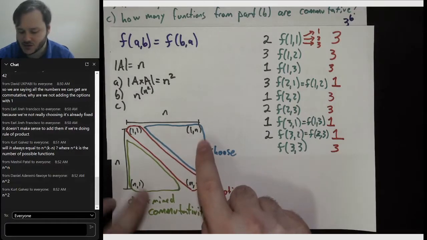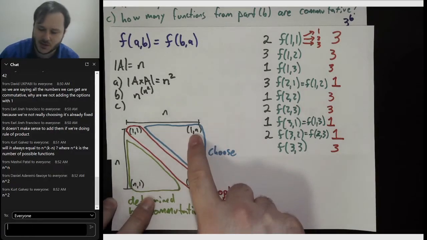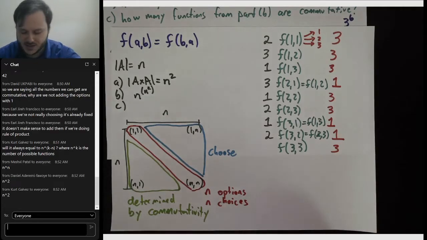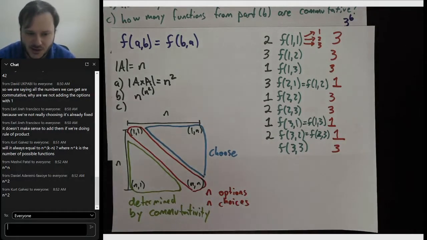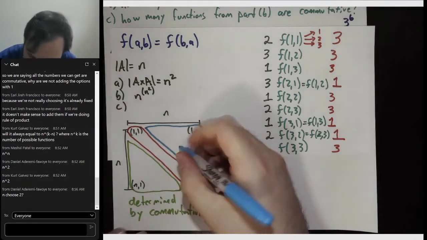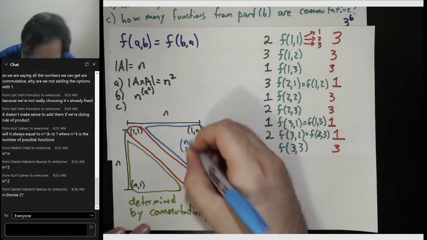I only get to make the choice once. So I might as well say I chose the small one first. How many things are in this triangle? How many ways are there to pick two elements out of n if order doesn't matter? N choose 2. Exactly right. There's n choose 2 things in here.